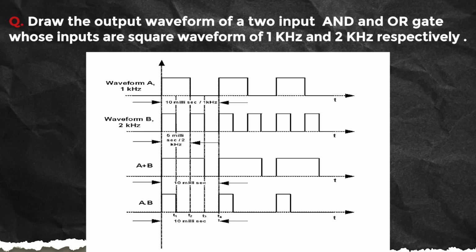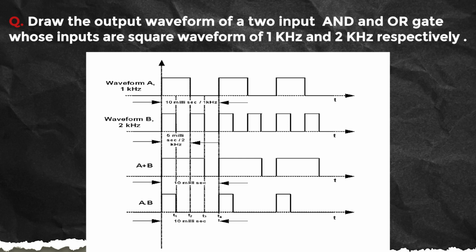That means logic 1 and logic 0. Similarly, waveform B is of 2 kilohertz, therefore 1 by 2 kilohertz, that is 0.5 milliseconds. So for 0.25 millisecond the waveform B has an output of logic 1, and for another 0.25 millisecond it has a logic output equal to 0.